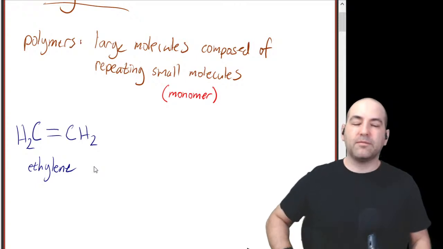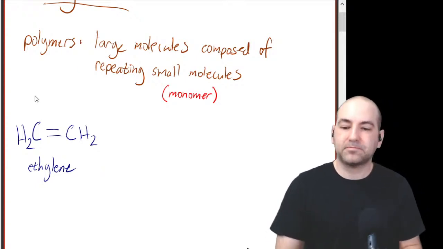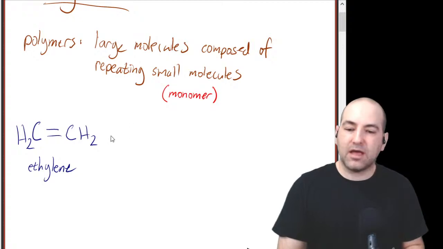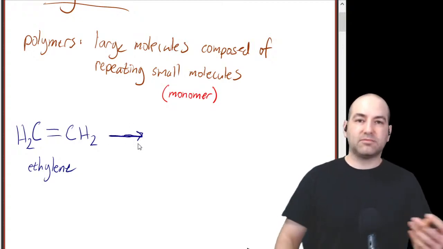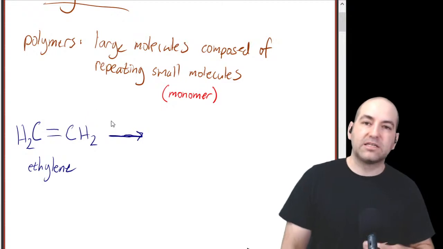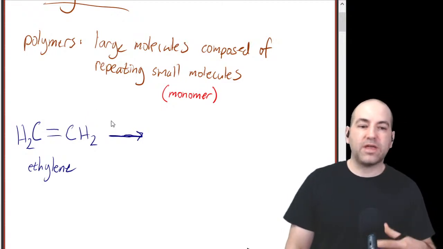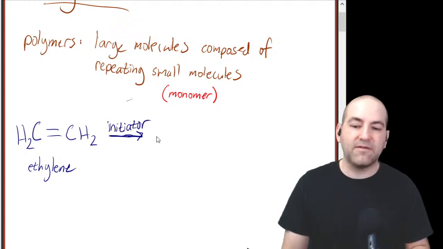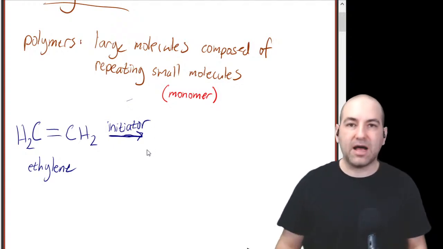ethylene, sometimes ethene also. And what we can do with this molecule, it's a gas, and you can just take like a big tank of this stuff and subject it to some sort of a reactive chemical that's called an initiator. And the reason I'm being vague here is that there's lots of different possible initiators.